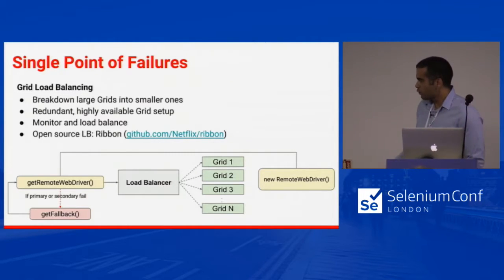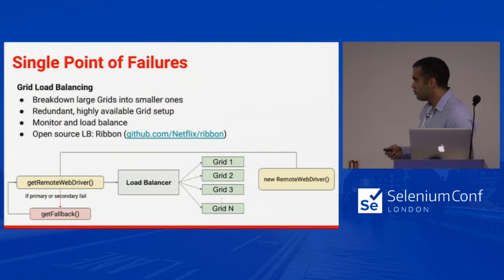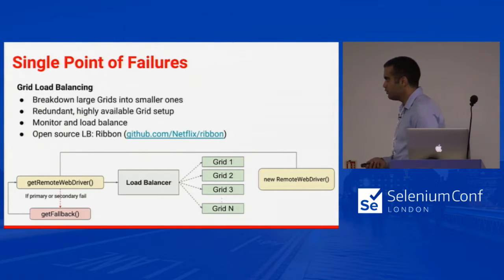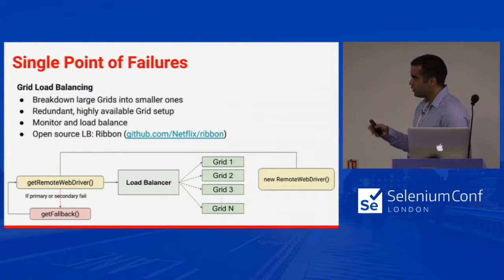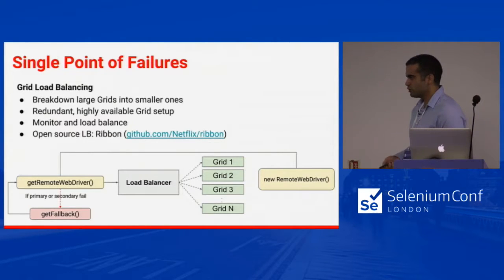And we actually don't have to set up a load balancer using a cloud provider or any complex stuff. We can implement a client-side load balancer into our test code by using open source software.